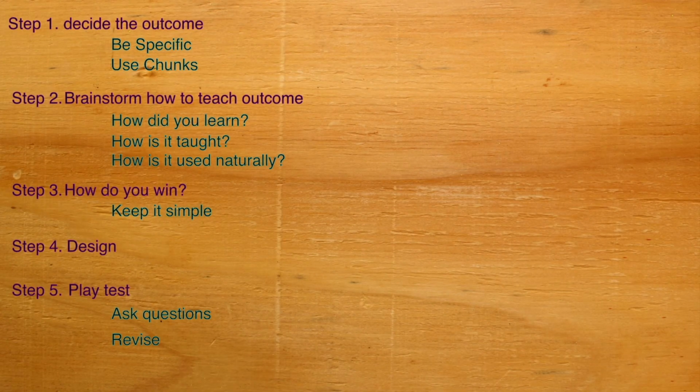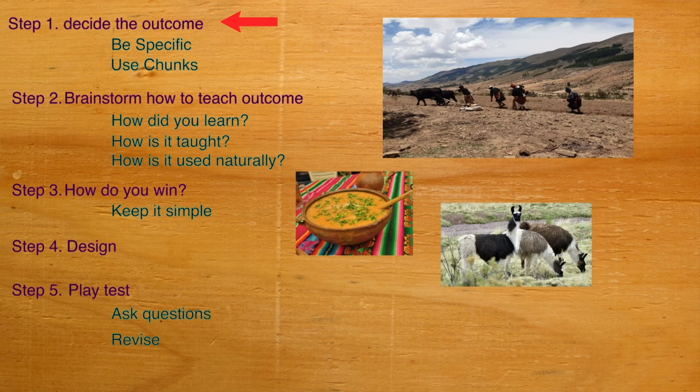Alright, so step 1, decide the outcome. Gaby and I decided we wanted players to know how to describe things common in their community. Notice this outcome is specific. Step 2, brainstorm how to teach your outcome. Gaby and I brainstormed for about an hour. We talked about places learners might see these pictures.